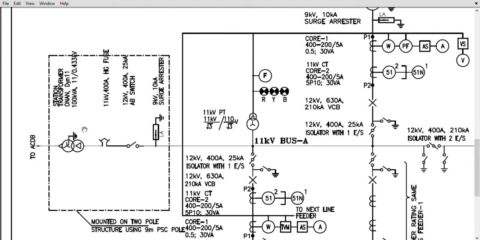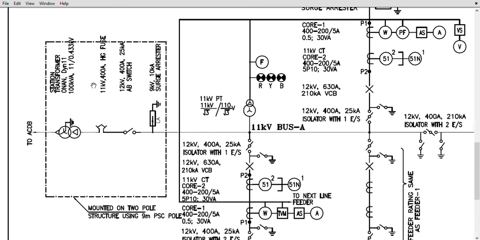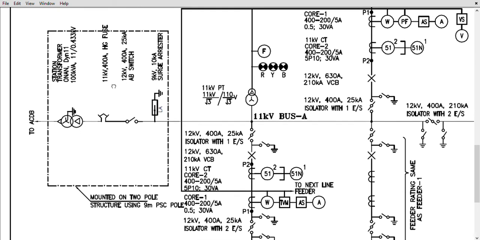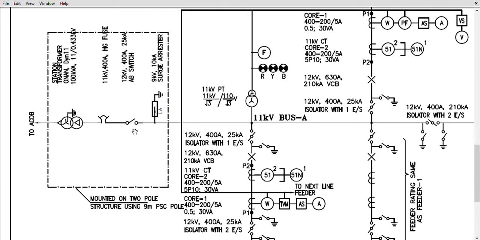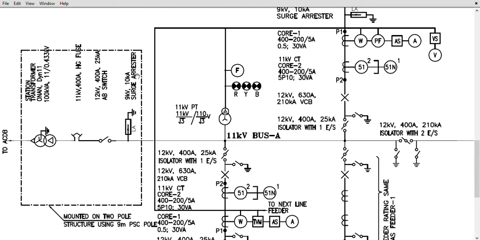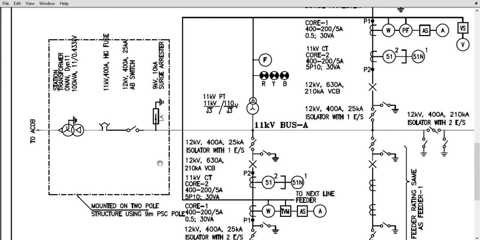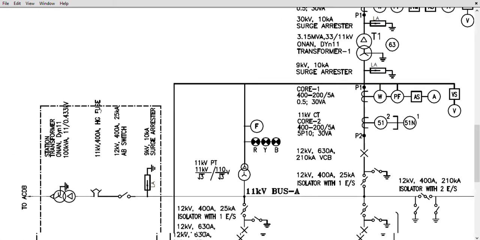Here in this case we have a 100 kVA station transformer, 11 kV by 0.433 kV. For the station transformer, as protection, we have an 11 kV horn gap fuse, HG fuse, again the 11 kV AB switch, and again we have 11 kV lightning arresters here. So this is the station transformer arrangement.